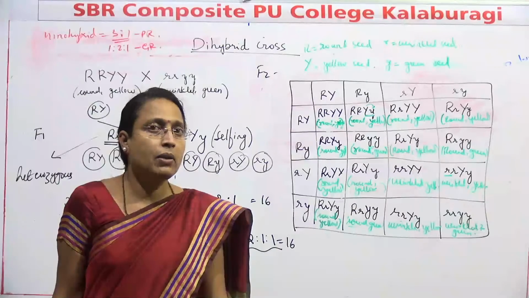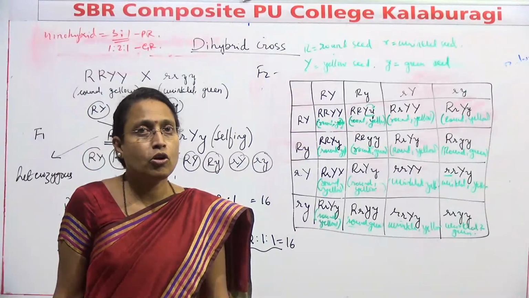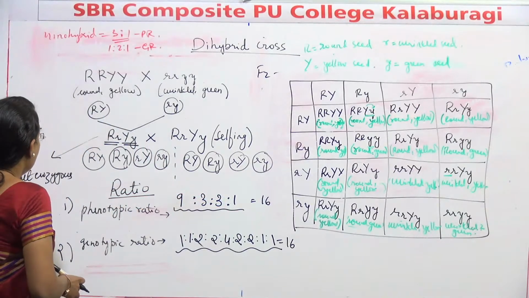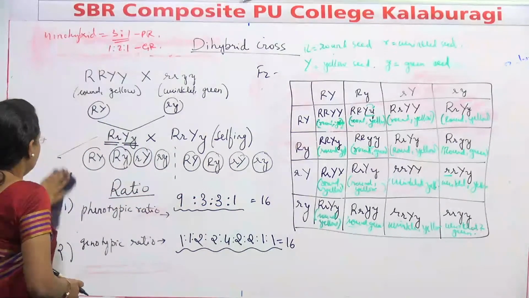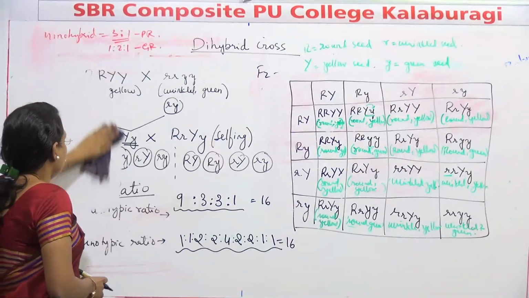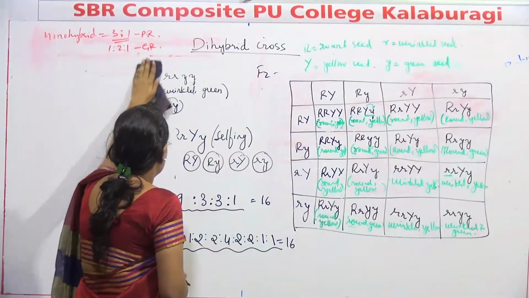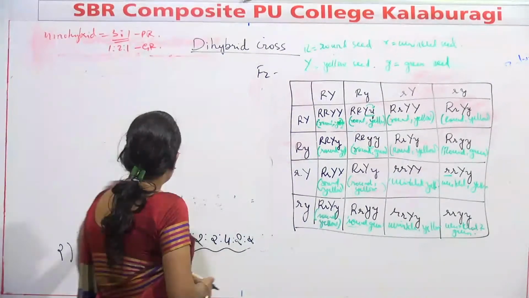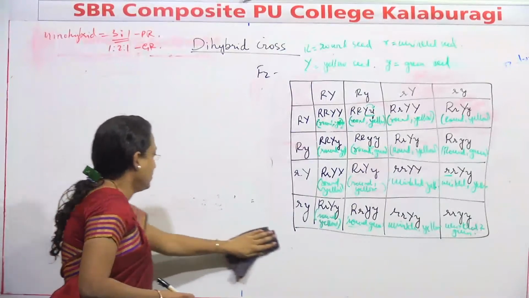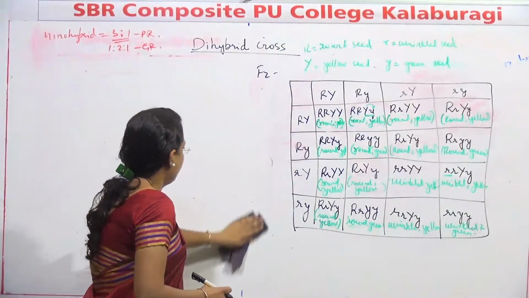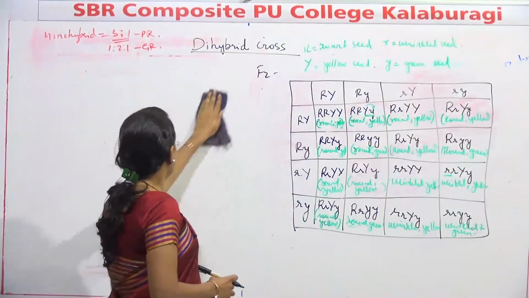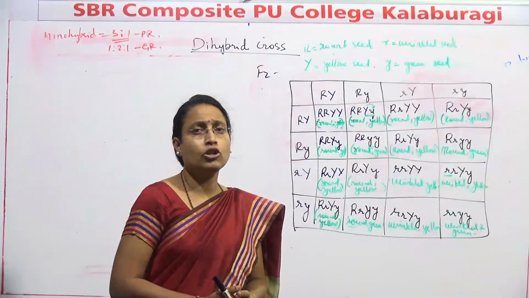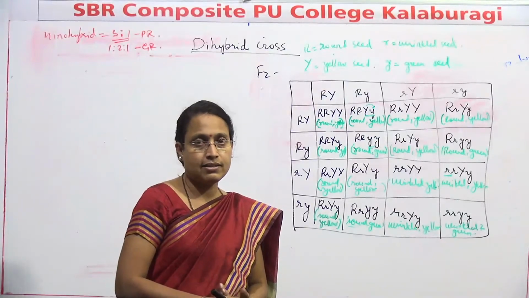So next I will explain about the law of independent assortment, Mendel's law of independent assortment. To get the proper result, Mendel took a large sampling size so that there is credibility in the results.